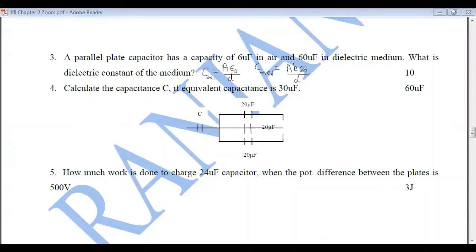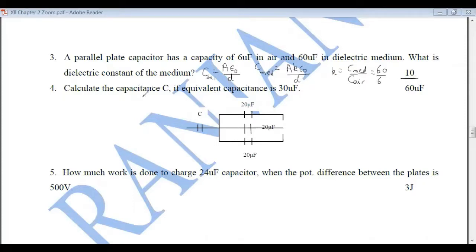Dividing these two equations, C in medium to C in air is 60 upon 6, so K is equal to 10.